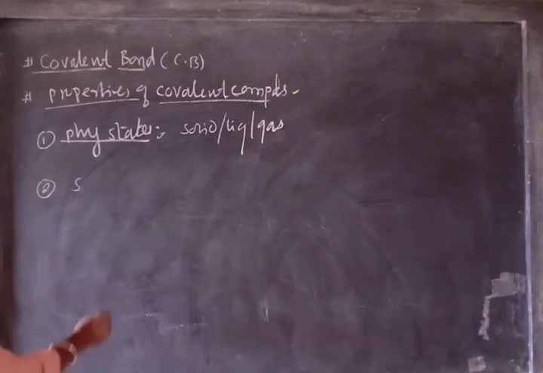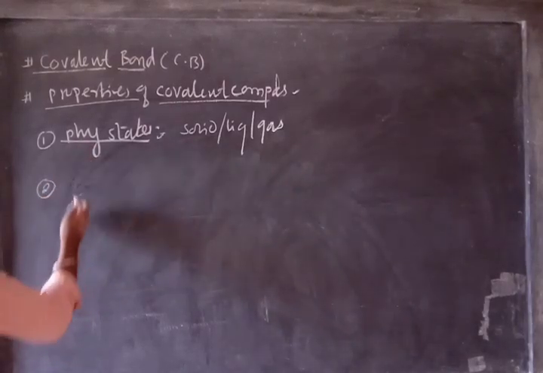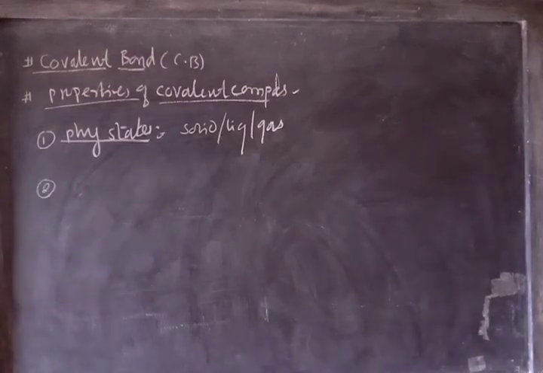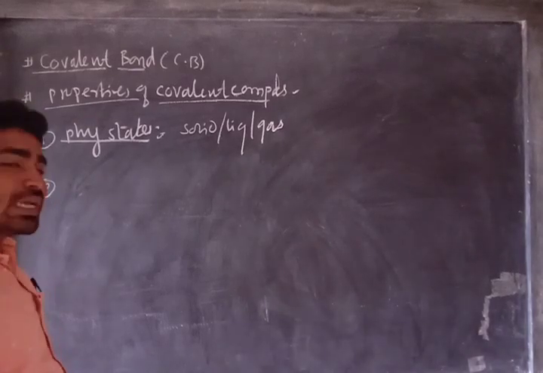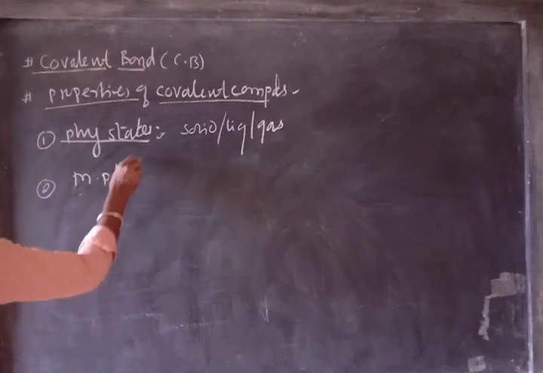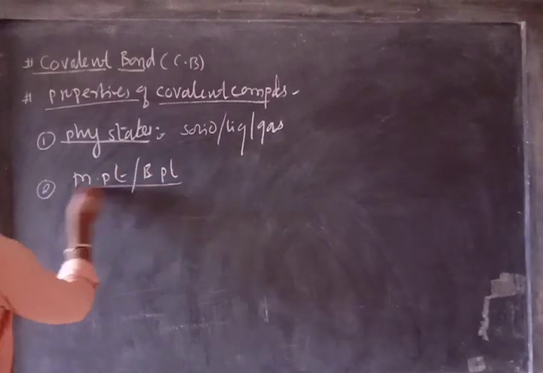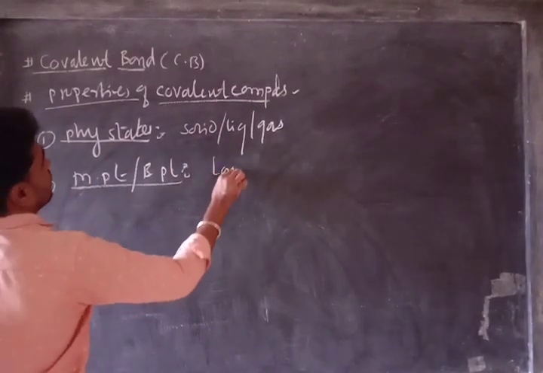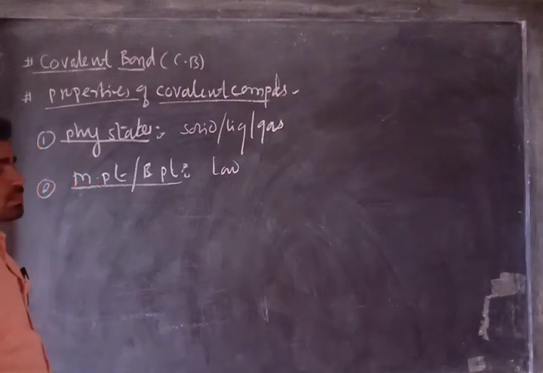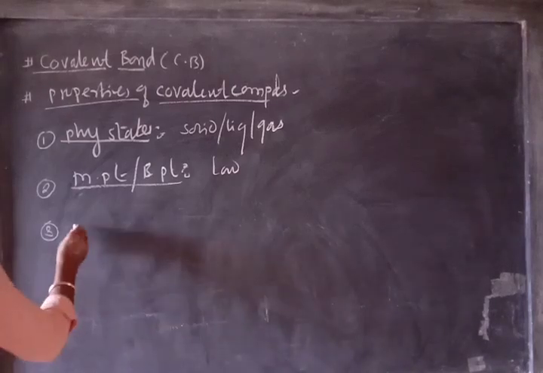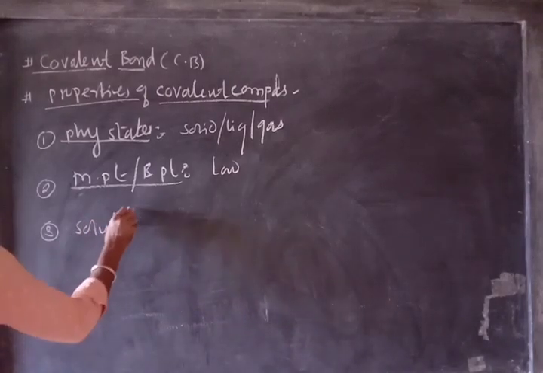We can simply say that these have, like we mentioned in the ionic compound, their melting and boiling point. So here I want to write the melting point and boiling point. In ionic compounds, melting point and boiling point used to be high, but here they have low melting and boiling points. After this, here I will discuss their solubility.